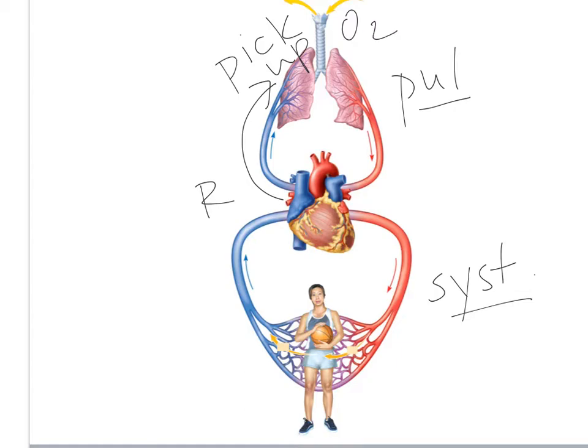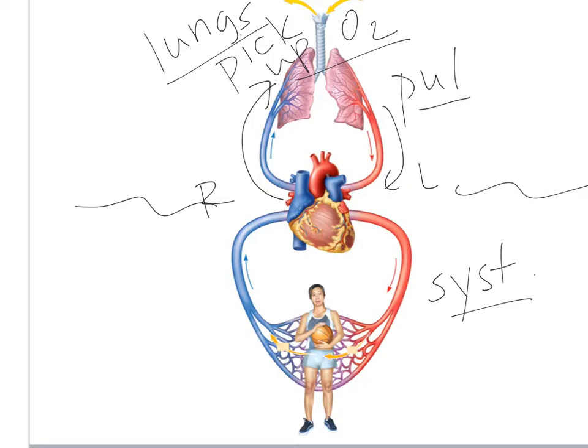And then the left side of the heart, the blood is going to return the oxygen-rich blood, which is represented as red here, back to the heart on the left side. So right, lungs, where we pick up oxygen, and then left is how it'll return. This is the pulmonary circuit. Pulmonary makes sense, we're going to the lungs.